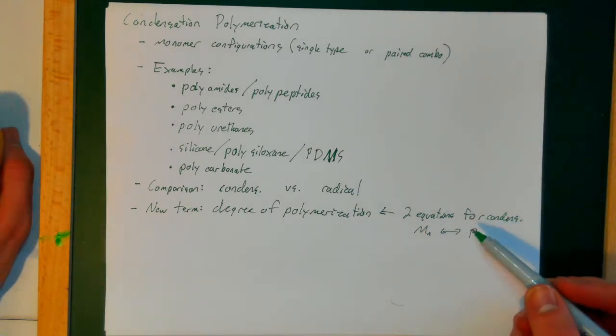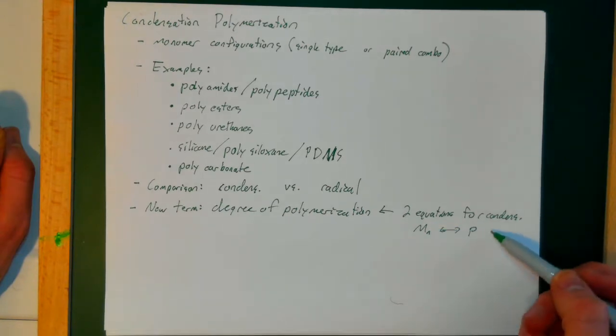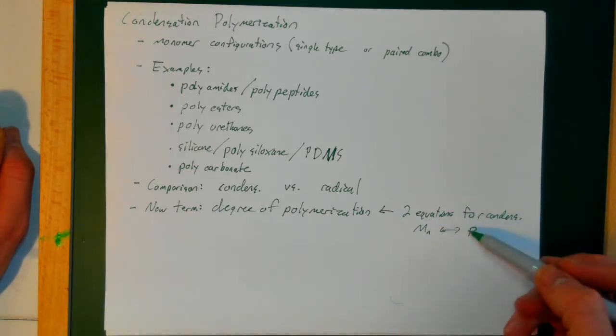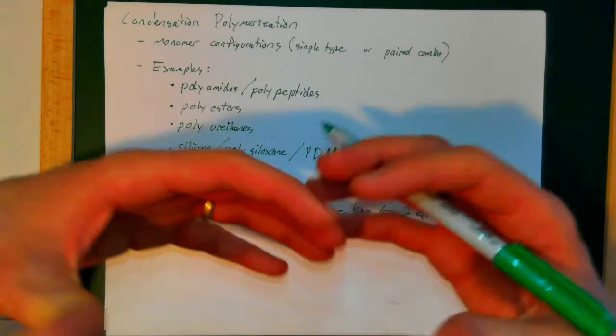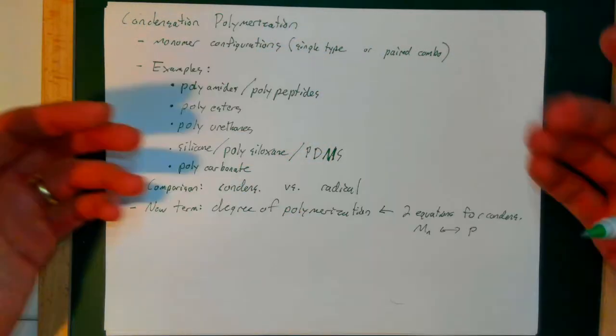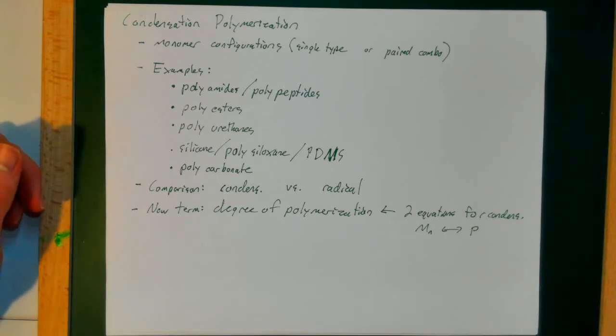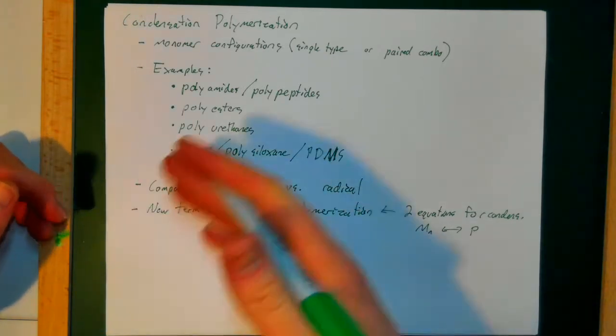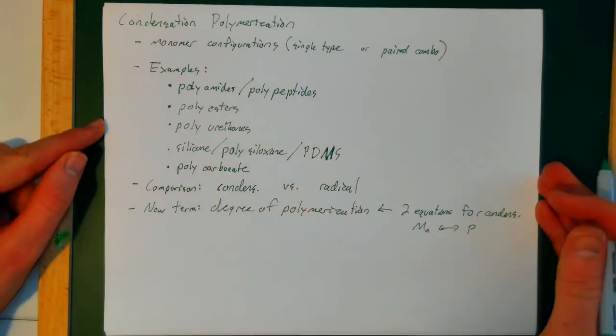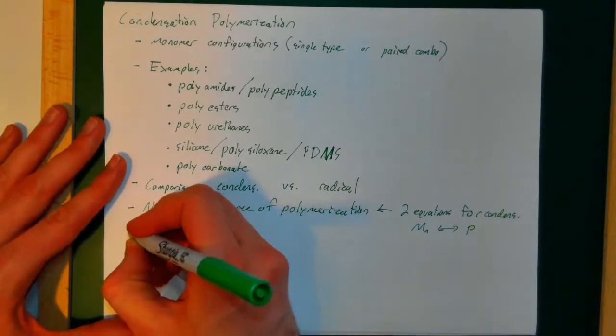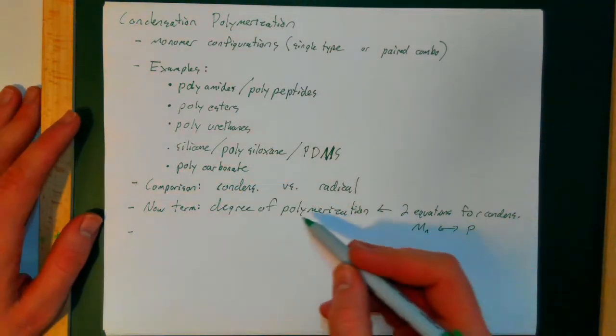So can we get a relationship between how complete our polymerization reaction is, because no chemical reaction can ever be driven all the way to completeness, and what might be the molecular weight of the polymers that we've created so far in that polymerization process.